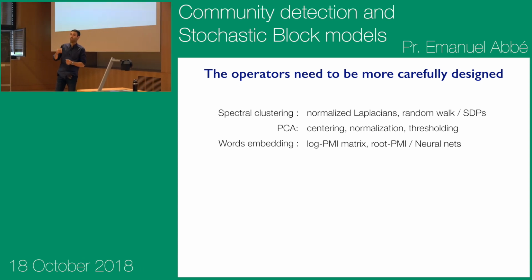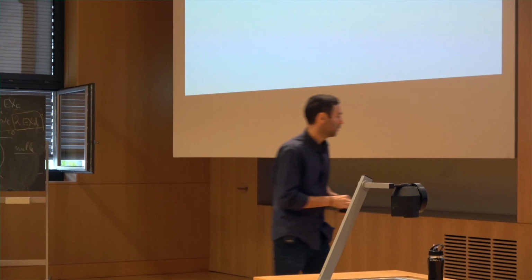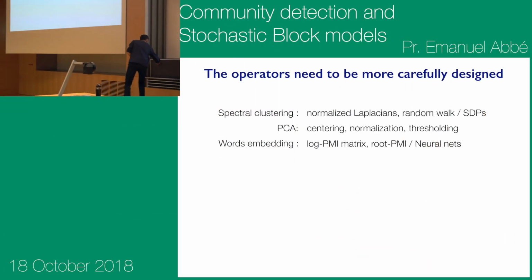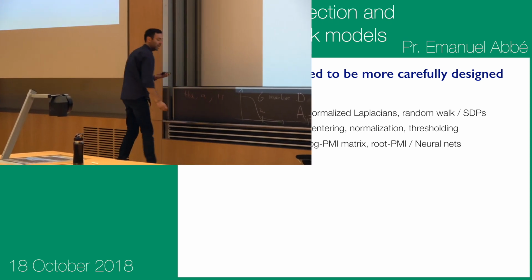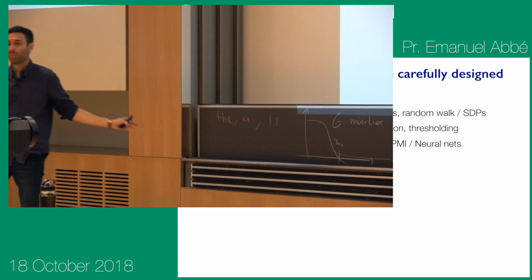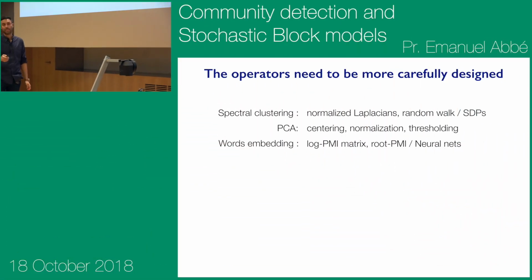For example, in the case of word embeddings, if you don't do something with very frequent words, then your embedding will put all of these words onto a single vector. So you basically have to do some processing to regularize your data a bit. And this sometimes can be very subtle.